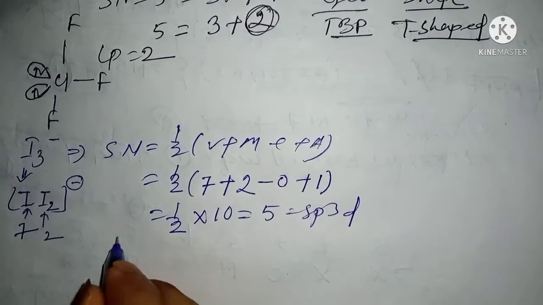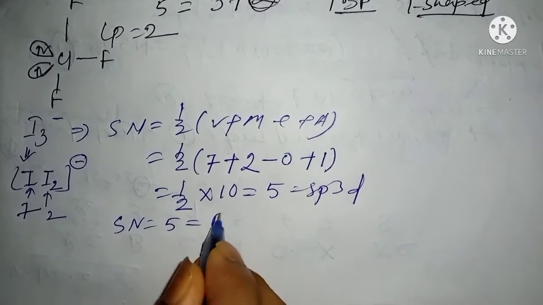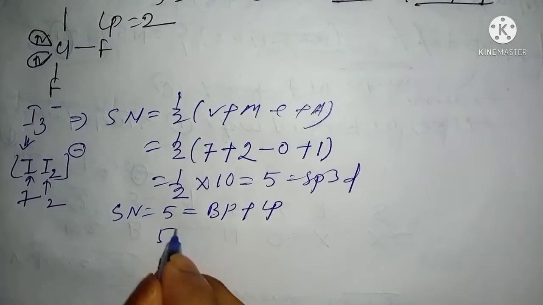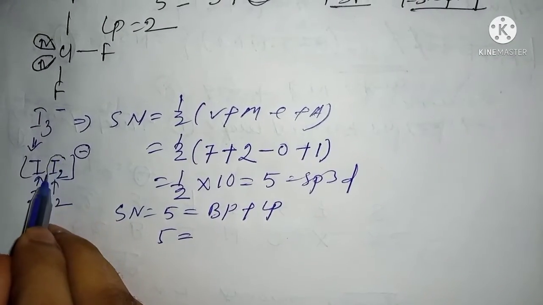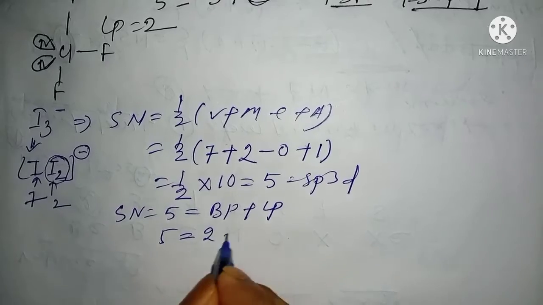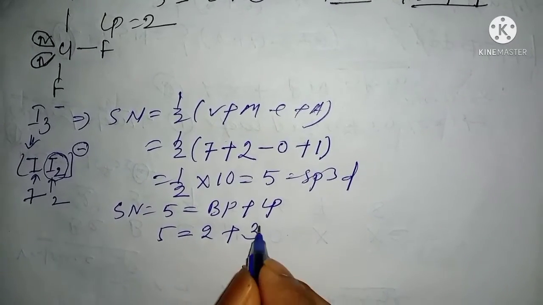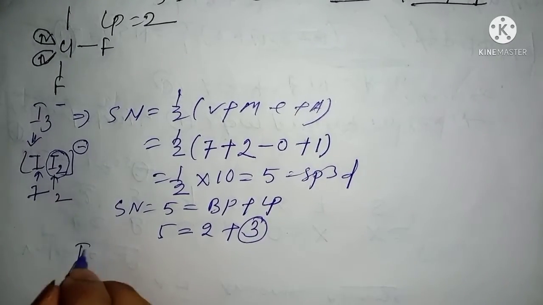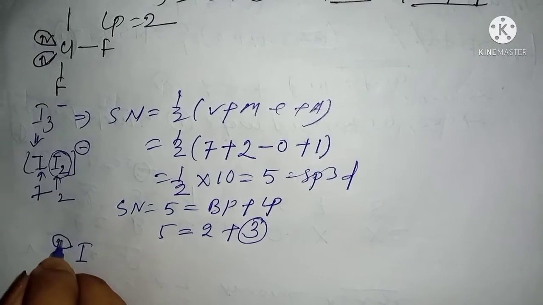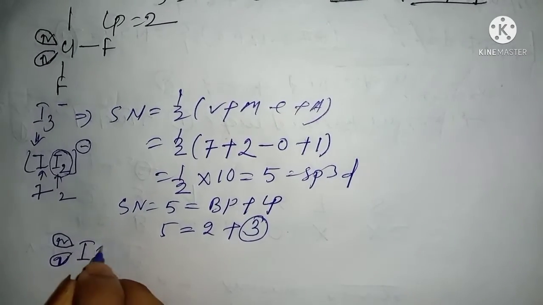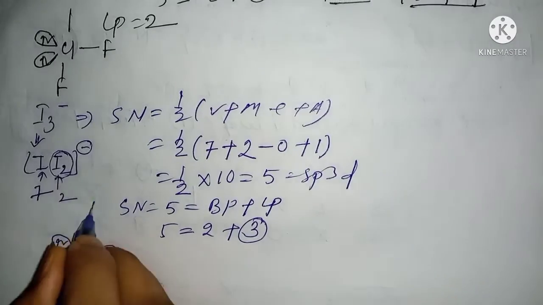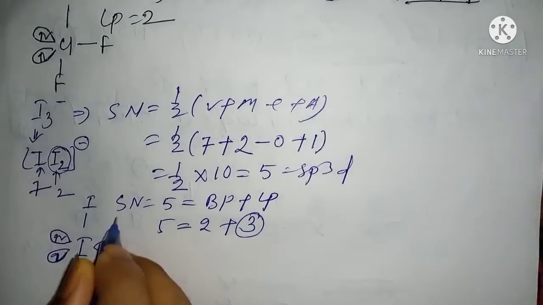Now steric number equal to 5 equal to bond pair plus lone pair. So 5 equal to, the bond pair, the side atoms, equal to 2. 2 side atoms are there, and in addition 3 to form 5. So lone pair equal to 3. Now first draw lone pair in equatorial position. So 1, 2 and 3 lone pairs in equatorial position, and 2 are in axial position to form the shape.